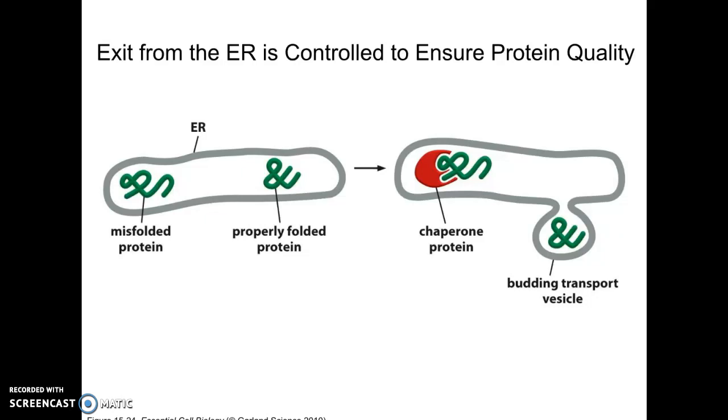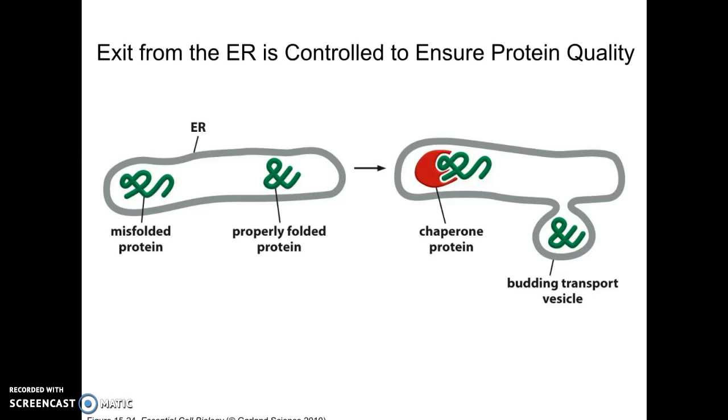So there are ways that a protein cannot be folded, like for instance heat shock. And if the protein is misfolded, it is going to be retained in the Golgi because we don't want misfolded proteins out doing harm to the cell.